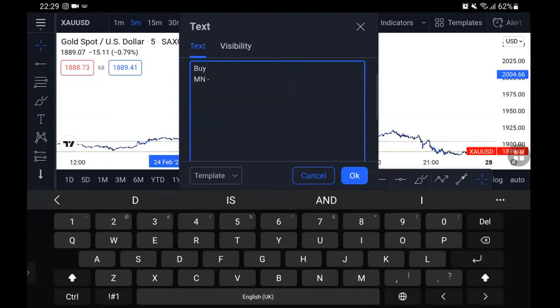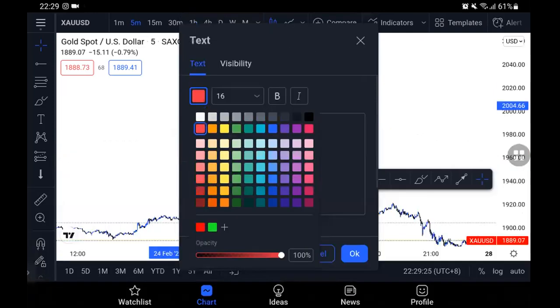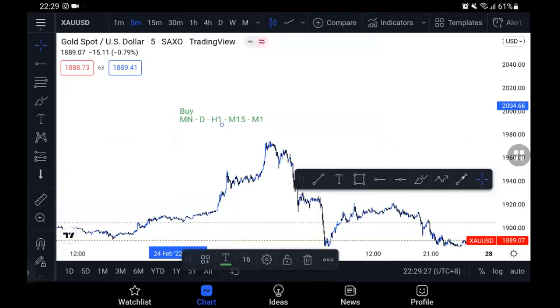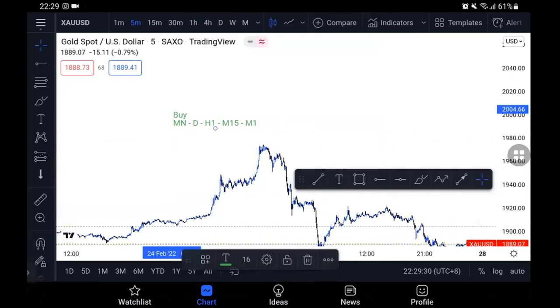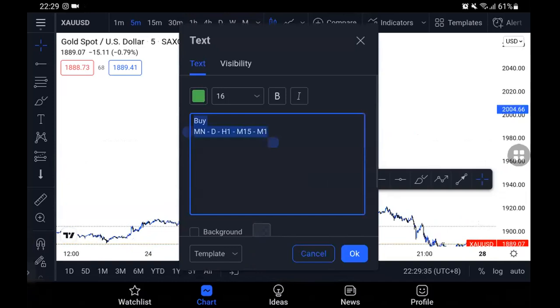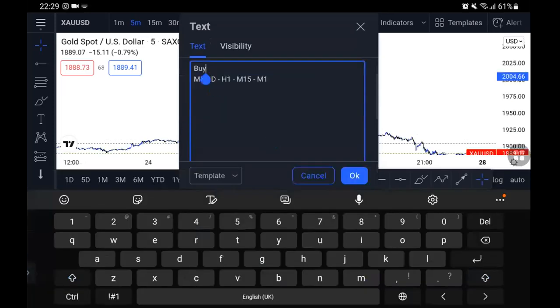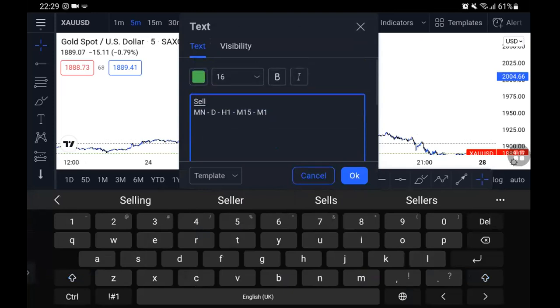Okay. So we make it proper. We do it step by step. Then we can see everything. Okay, this is for the buy. Just put it in the chart so it will be easier.